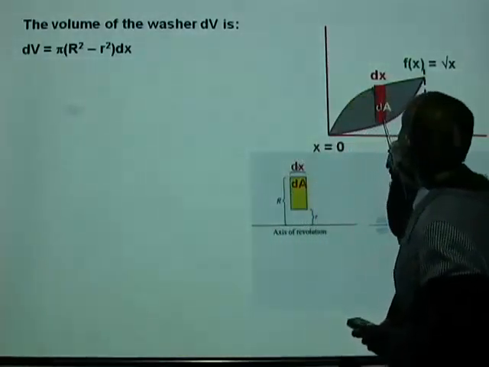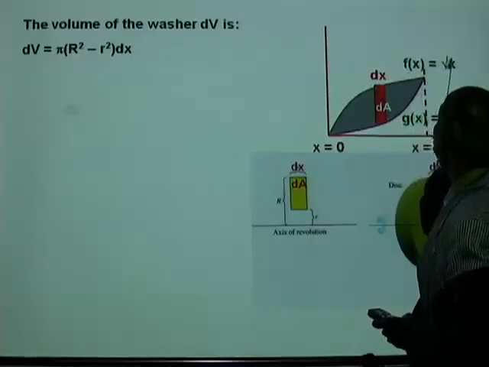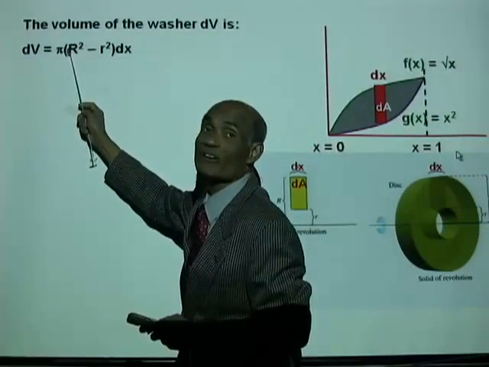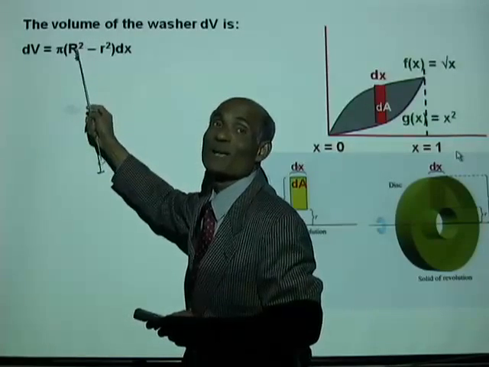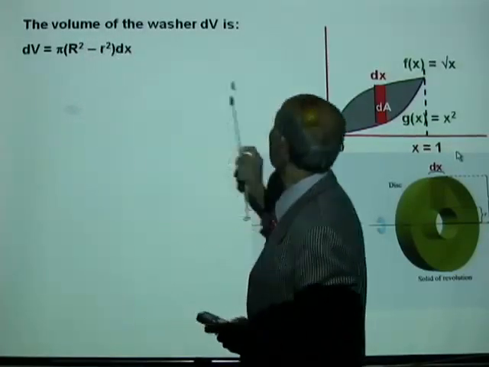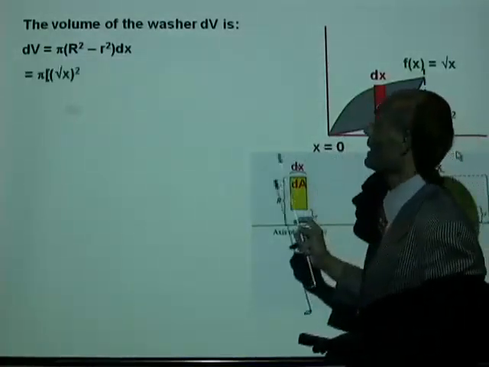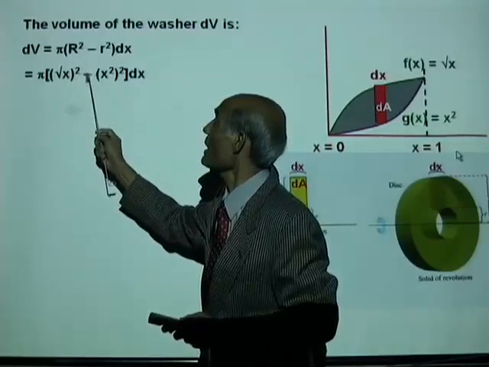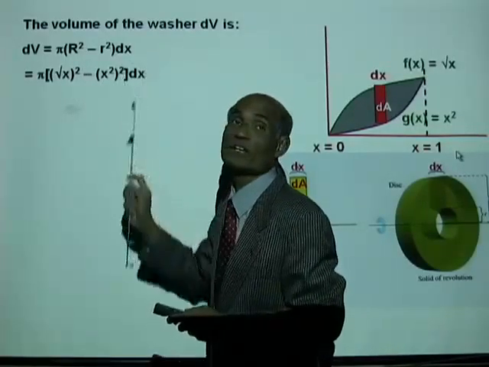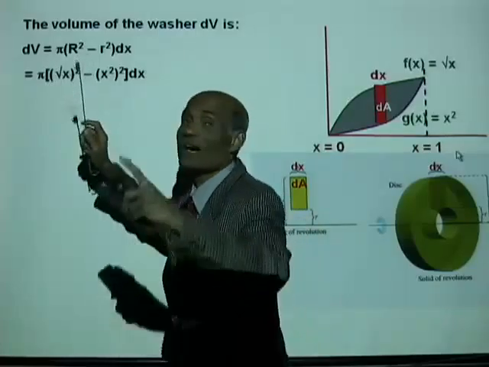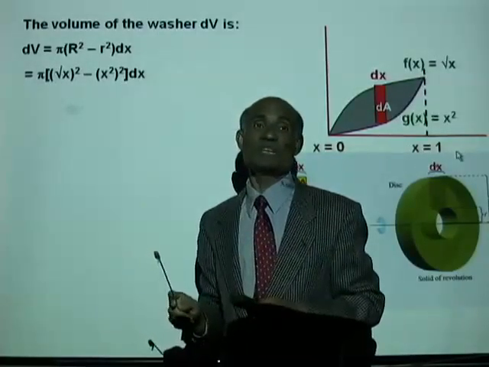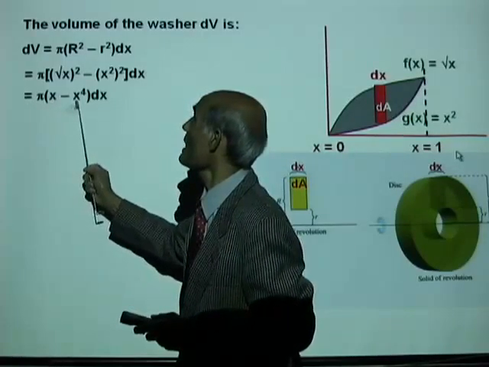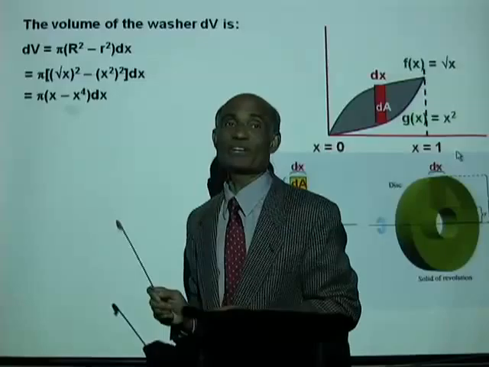Uppercase r is this distance, f of x equal to square root of x. So this big R is square root of x. When you square it, it will become x. And the lowercase r is x squared. So that will be pi times square root x squared minus x squared, all squared, and that quantity times dx. Simplify that, that will be pi times x minus x to the power 4 dx.